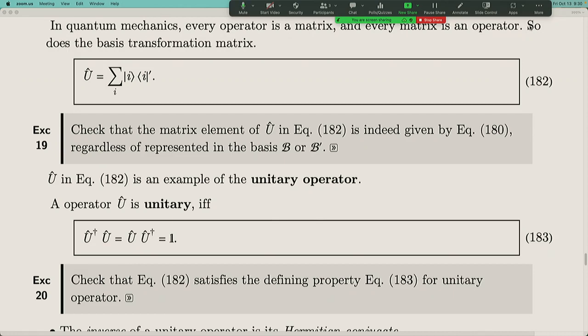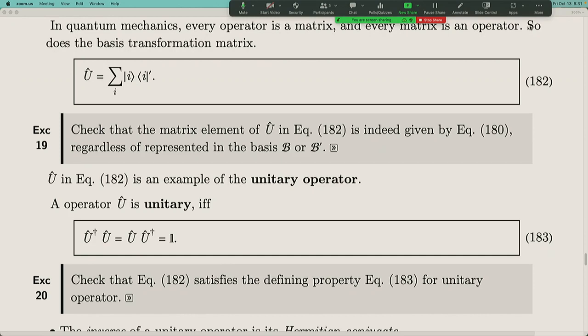So remember, if H is a Hermitian operator, its Hermitian conjugate is itself. You can see both Hermitian and unitary operators are defined by the Hermitian conjugate. For one, the Hermitian conjugate is itself; for the other, it is its inverse. If you think about a complex number whose complex conjugate, taking a star, equals itself, what can we conclude? We can conclude that it is a real number, right? Then what about unitary?